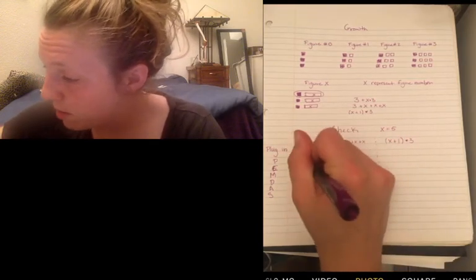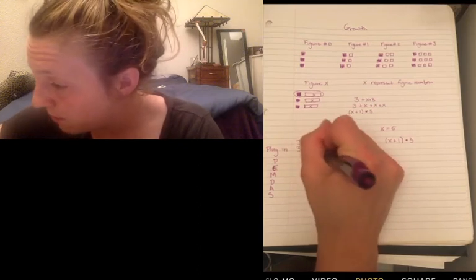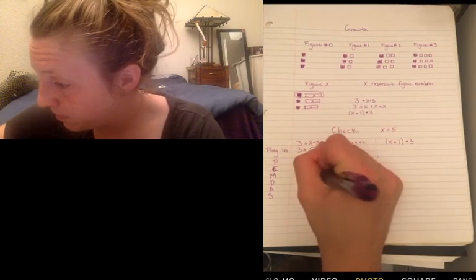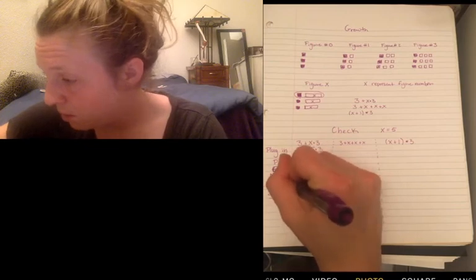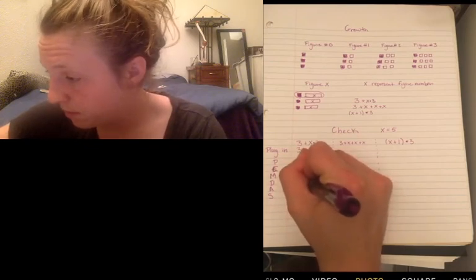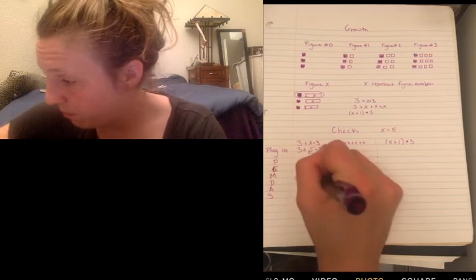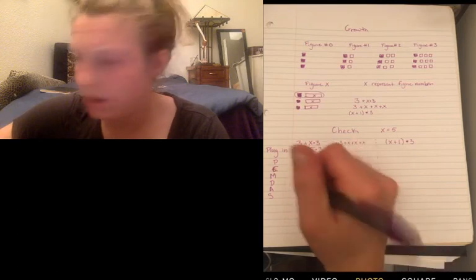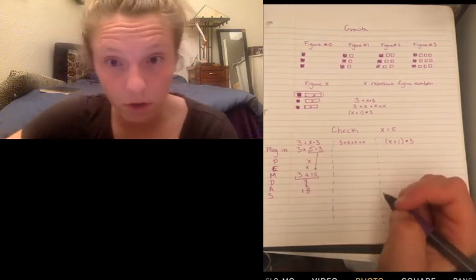Okay, we don't have parentheses. We don't have exponents. We do have this multiplication problem. Okay, we don't have division, but we do have addition. 3 plus 15 is 18. Okay, let's see if it works for the rest of them.